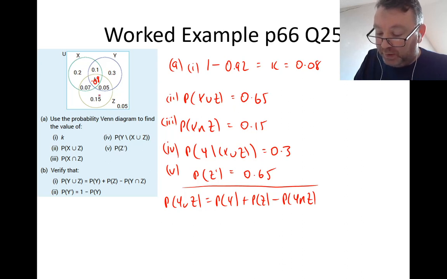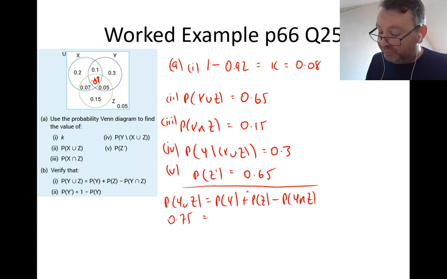Well, let's work it out, is 0.1 plus 0.3, which is 0.4. So these two, and then plus 0.08, plus 0.05, plus 0.07, plus 0.15. So that comes out to be 0.75.